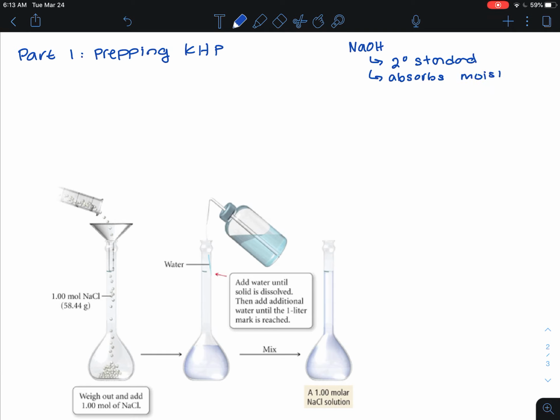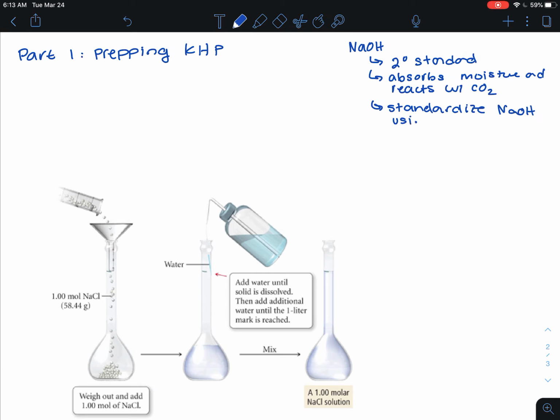This is because NaOH absorbs a lot of moisture from the air and reacts with carbon dioxide in the air. This makes it really hard to get the exact molarity of NaOH when you just make it by yourself.